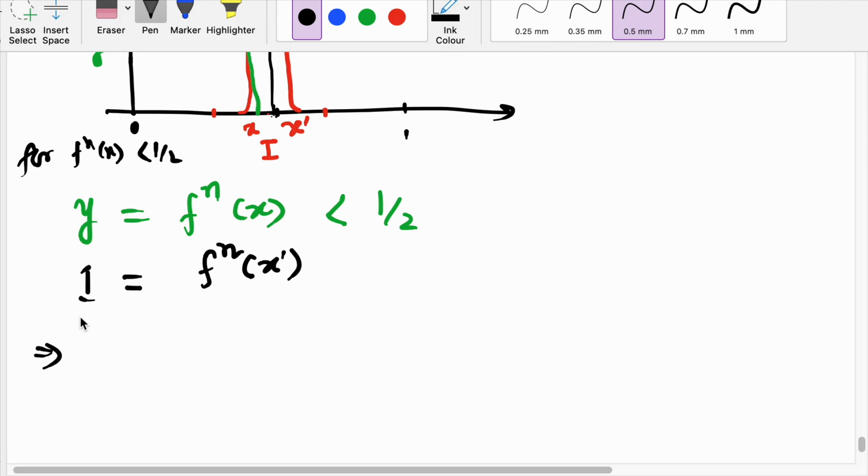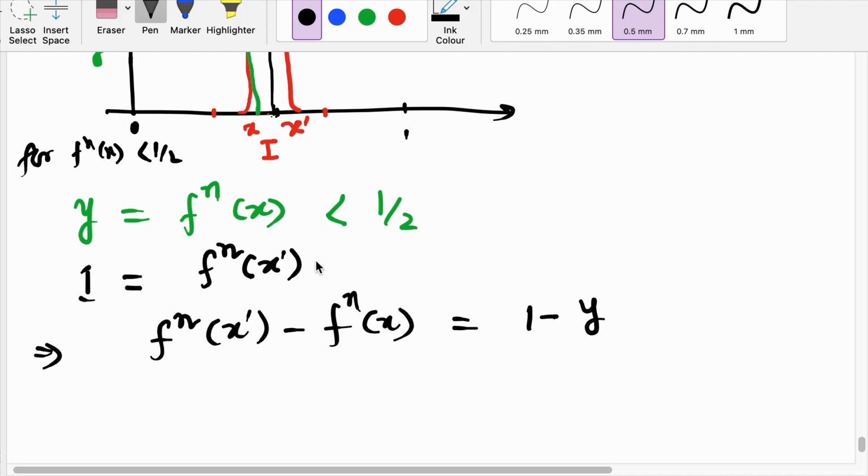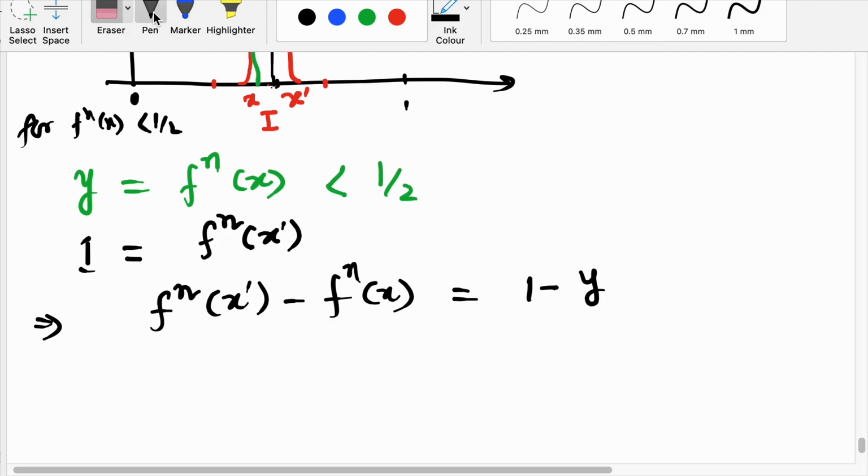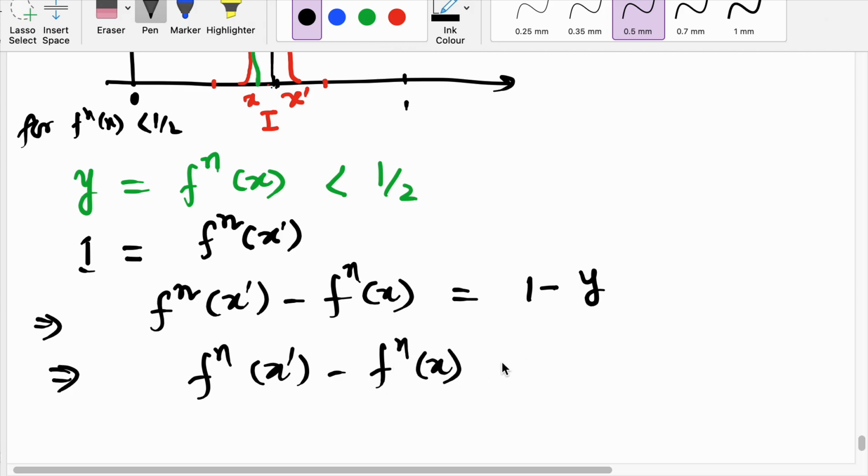Now f^n(x prime) minus f^n(x) equals 1 minus y, and since y is less than half, f^n(x prime) minus f^n(x) will always be greater than half. So the first thing we have proved.